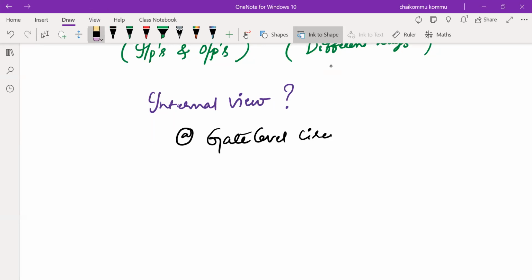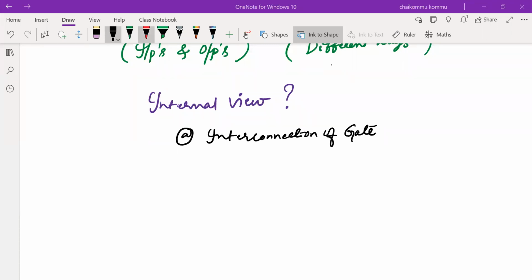By looking at the interconnection of the gates, we can understand what the circuit is all about.